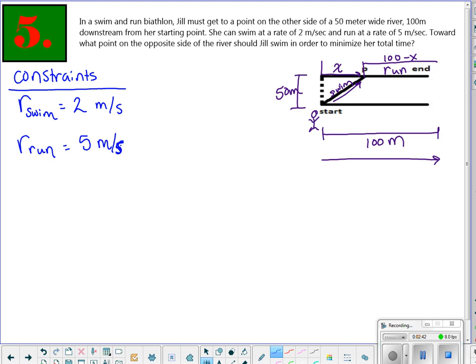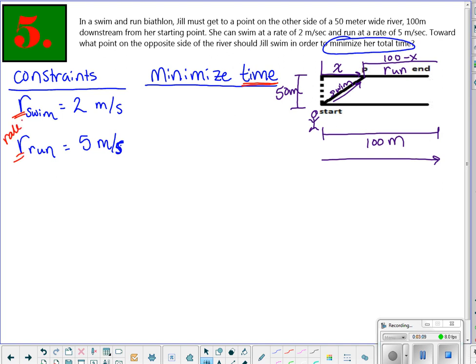Toward what point on the opposite side of the river should Jill swim in order to minimize her time? So what are we trying to optimize here? The time. We want to minimize time. Notice a problem here, guys? If time is what we're after, and this stuff is a rate, I've got to do some conversions here, right?